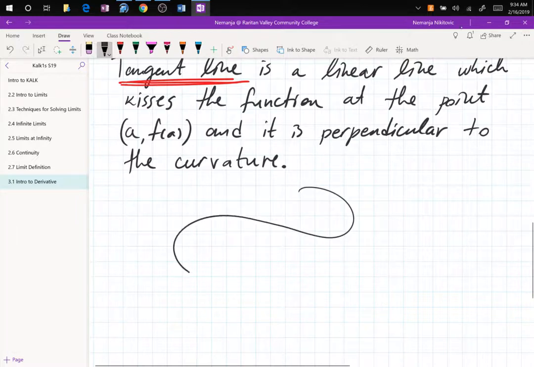Well, if you have some function, it doesn't matter what it is. It doesn't have to be a function. It could be any kind of curve.